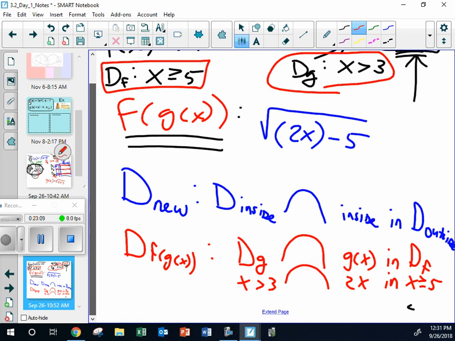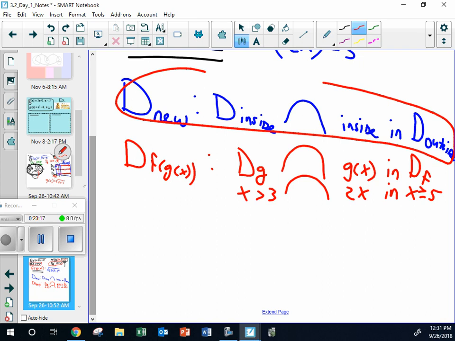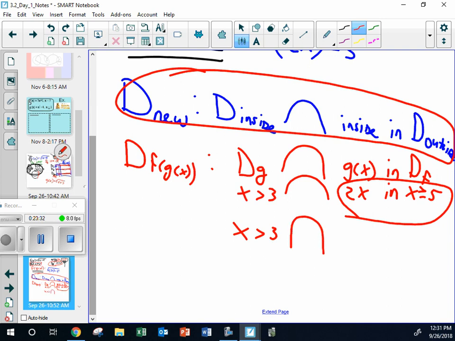Now, there are two hard parts to this. One is knowing what the formula is. Number two, sticking everything in, that's pretty easy actually, is figuring out what the heck this means. It's really not that hard. X is greater than 3 has to be intersected with 2x in x is greater than or equal to 5.